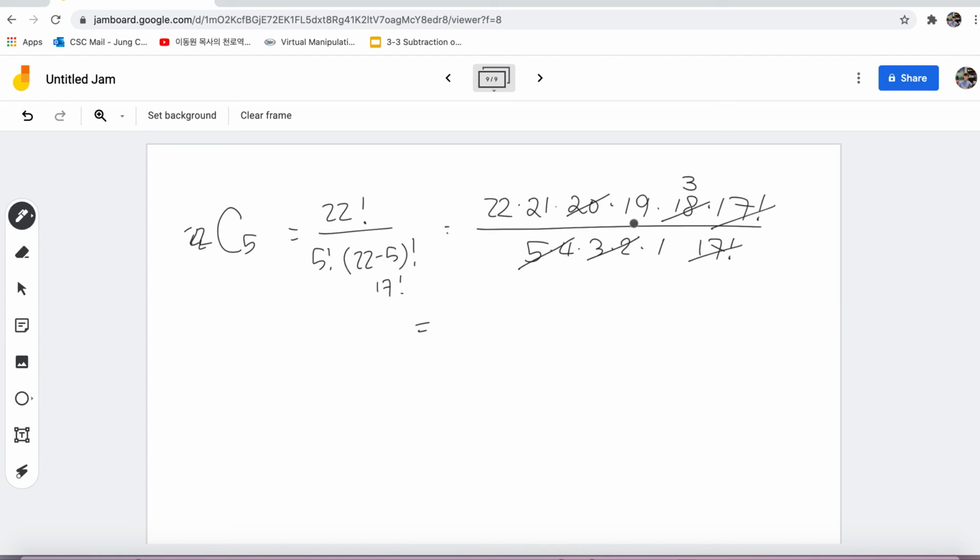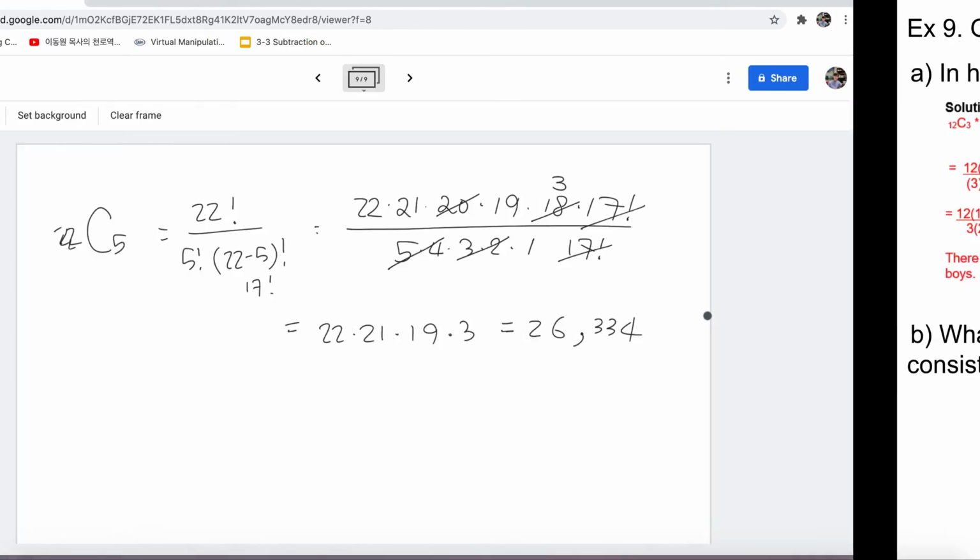Or you can just multiply all of this and divide it by the product of that, but I like to simplify it. So if you do it this way, it's 22 times 21 times 19 times 3, and you get 26,334. So that's the number of subsets.